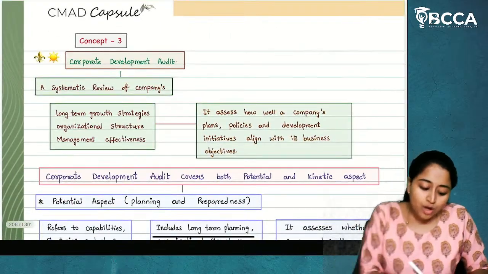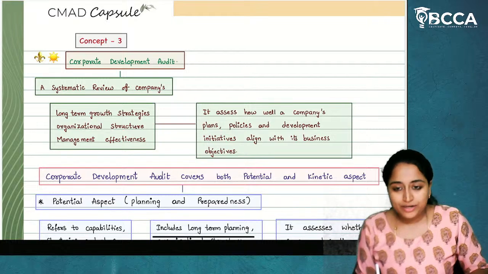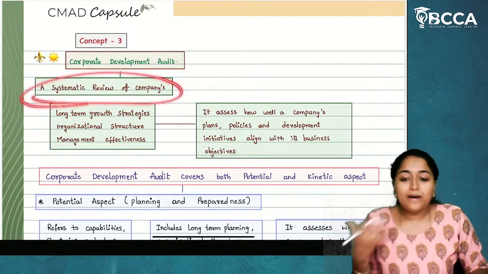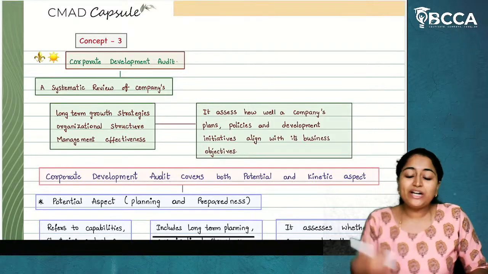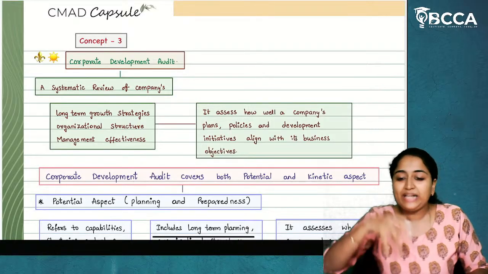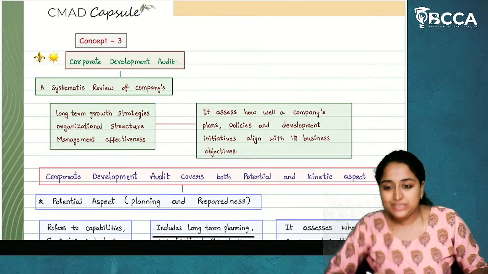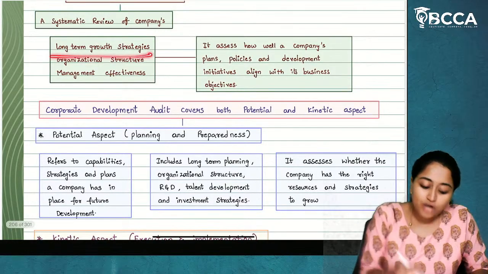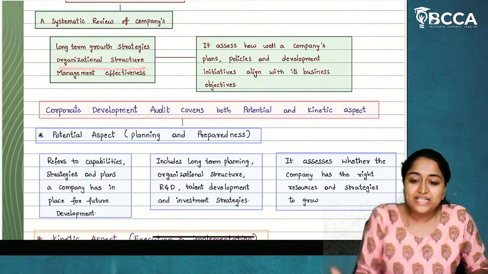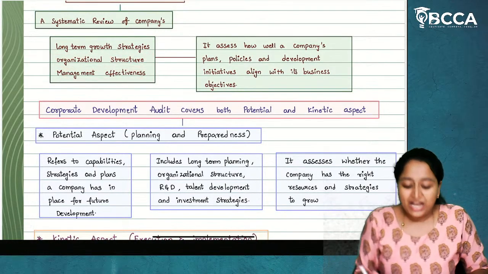Now, what is corporate development audit? It means how a company is trying to develop itself, what kind of strategies the company is taking to improve its business in the future. It is a systematic review of a company's long-term growth strategies, organizational structure, and management effectiveness.